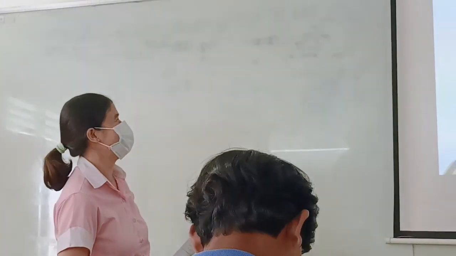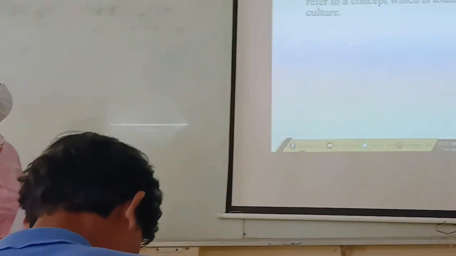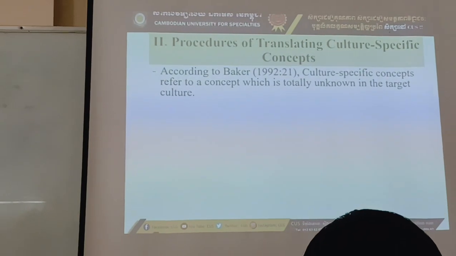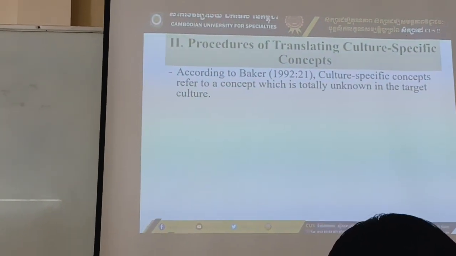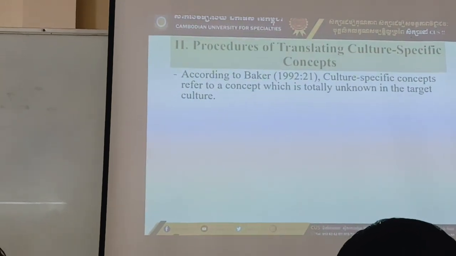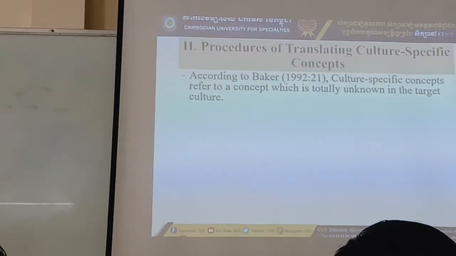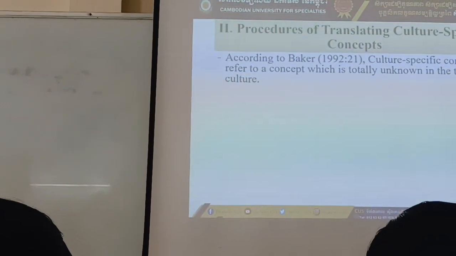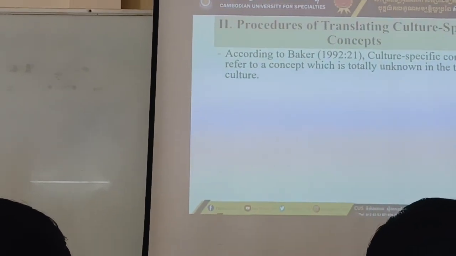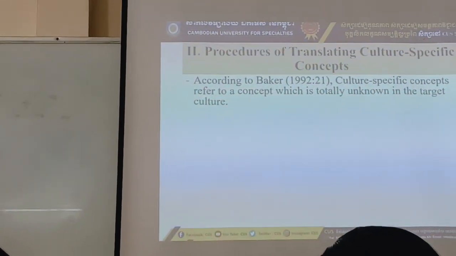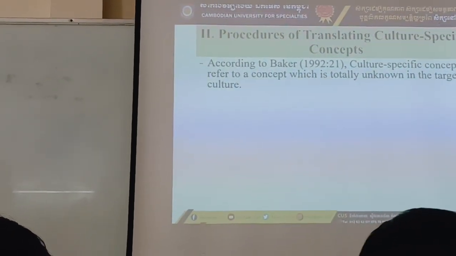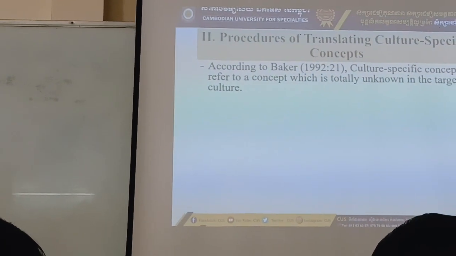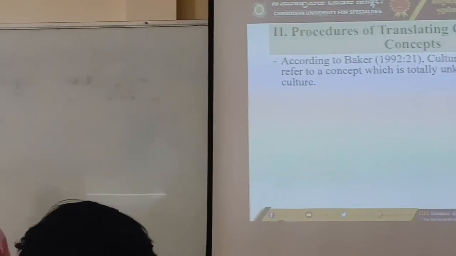Okay. So the second point is procedures of translating culture-specific concepts. Here, there are a few theories. One person is Baker, who described culture-specific concepts as concepts totally unknown in the target culture.